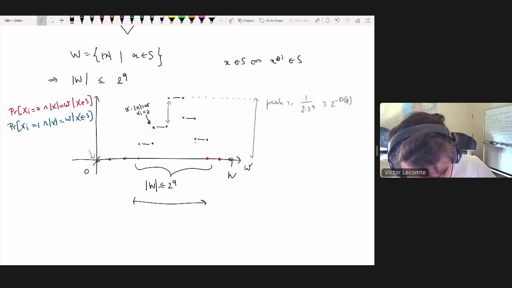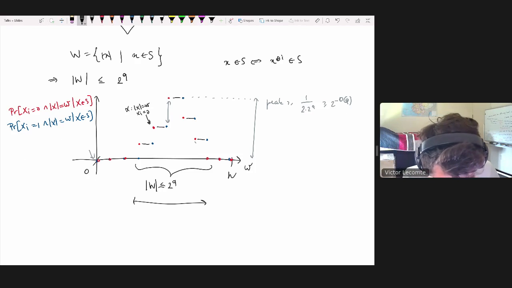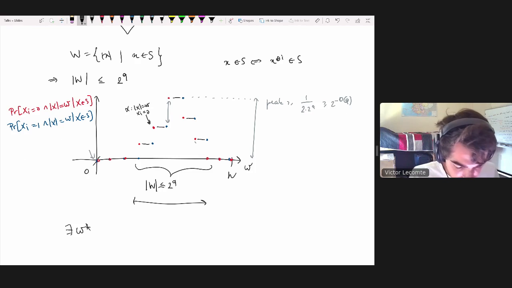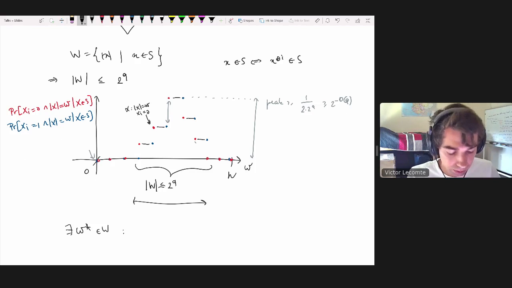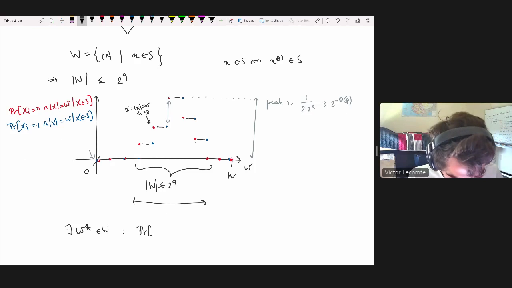Okay, so in math, what I'm saying is that there's some special Hamming weight value w star among the possible Hamming weights, so that the red point is much higher than the blue point. So that means that the probability that you get xi equals 0 is much higher than the probability that you get xi equals 1.